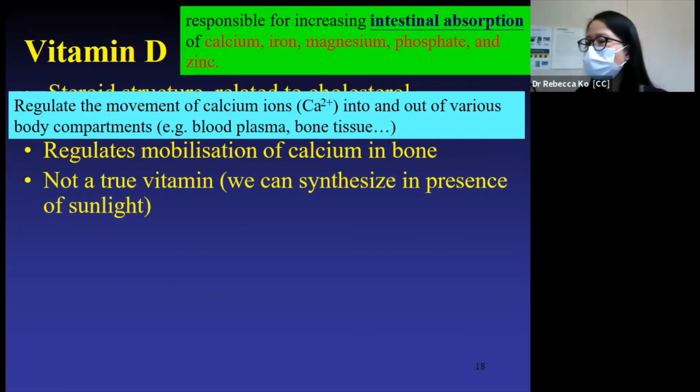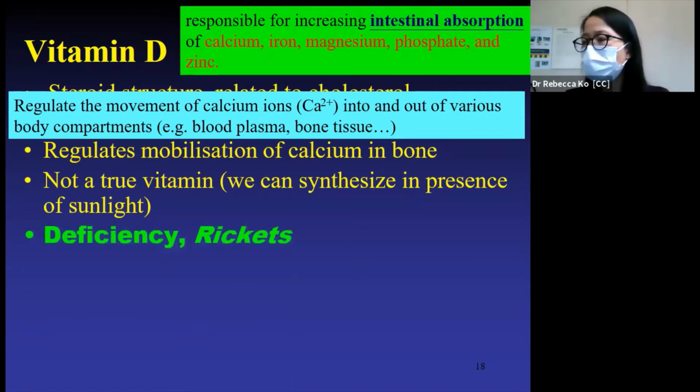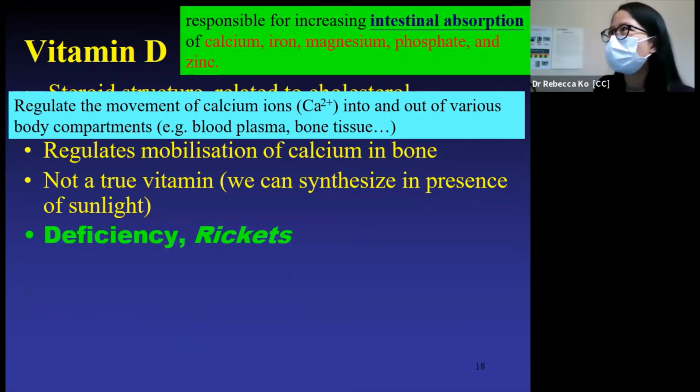As I just said, vitamin D is not a true vitamin. It can be synthesized in the presence of sunlight. So just expose ourselves to sunlight, and then we can synthesize vitamin D. If we stay indoors, not exposed to sunlight for a long time, and get no vitamin D from the food source, then we have a deficiency.